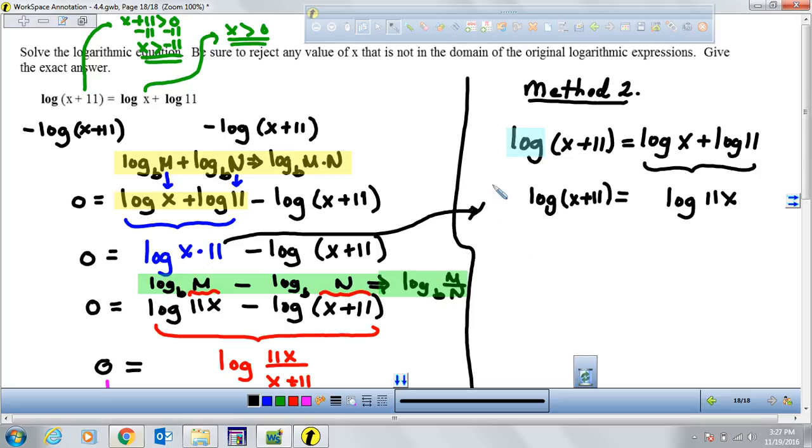Then the next thing we must do is that there is a little definition. It is called the one-to-one property of logs.